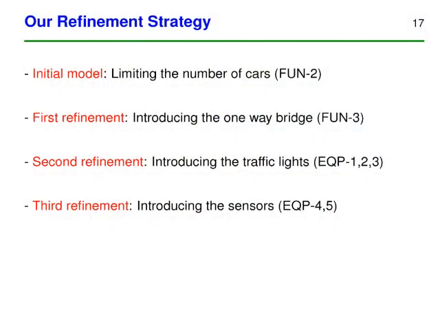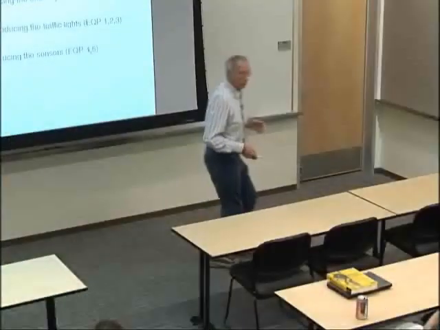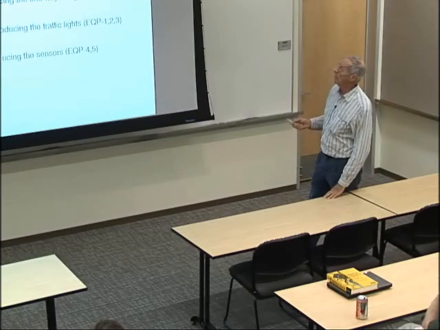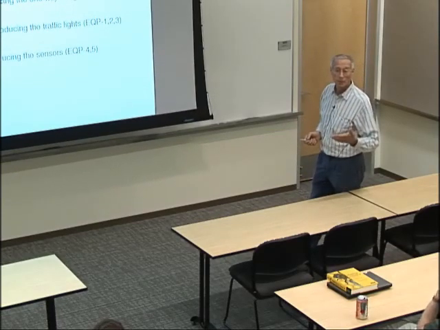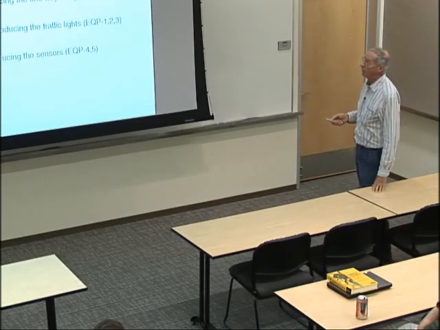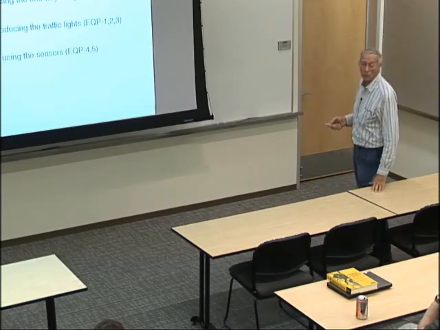So here is the refinement strategy. There might be some others, but this is the one I have chosen. I've chosen to be interested in limiting the number of cars, fun2, in the initial model, and the first refinement introducing the one-way bridge.